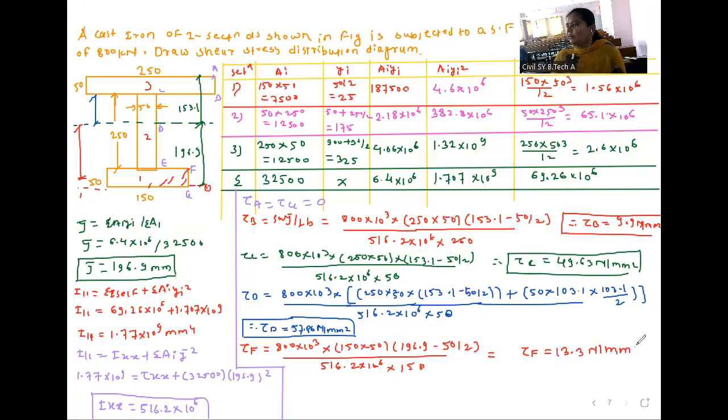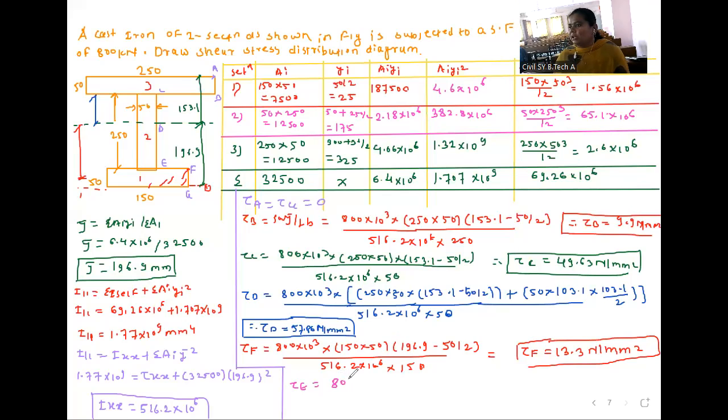13.3 Newton per mm square. Then you have to calculate at E point. So shear stress at E, tau E, other parameters are the same. Instead of this 150, the width will be 50.